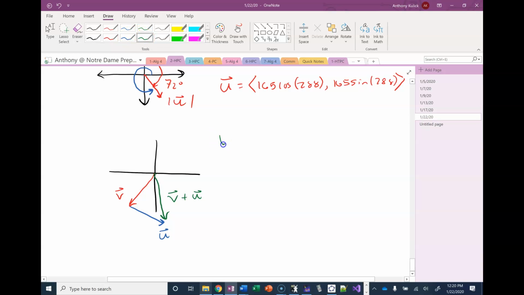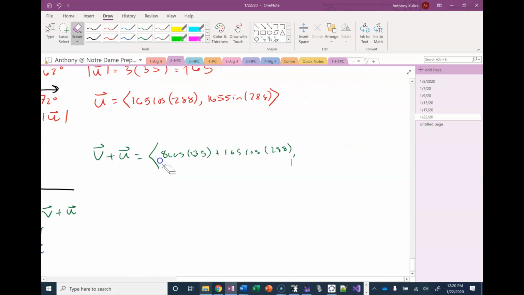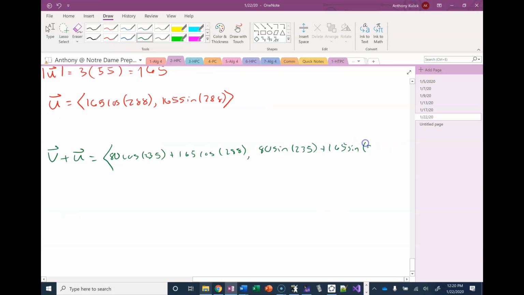So v plus u is going to be 80 cosine 235 plus 165 cosine 288, comma, 80 sine 235 plus 165 sine 288.